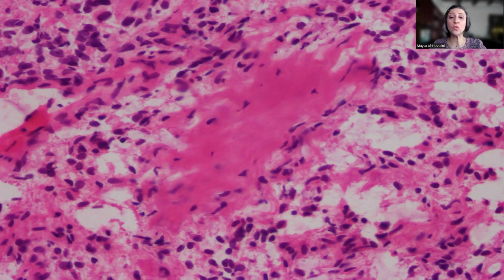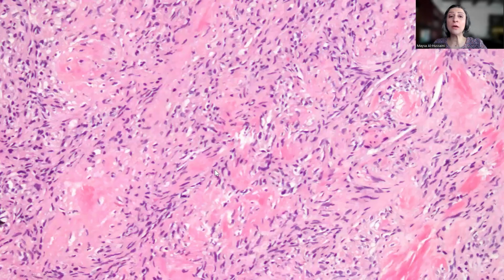So if we put it all together, despite the unusual location, solitary fibrous tumor / hemangiopericytoma would come into the differential diagnosis. The permanent sections actually showed these hypocellular areas with a large amount of this colloid-like fibrous tissue, similar to the ones that we've seen at the time of the frozen section.